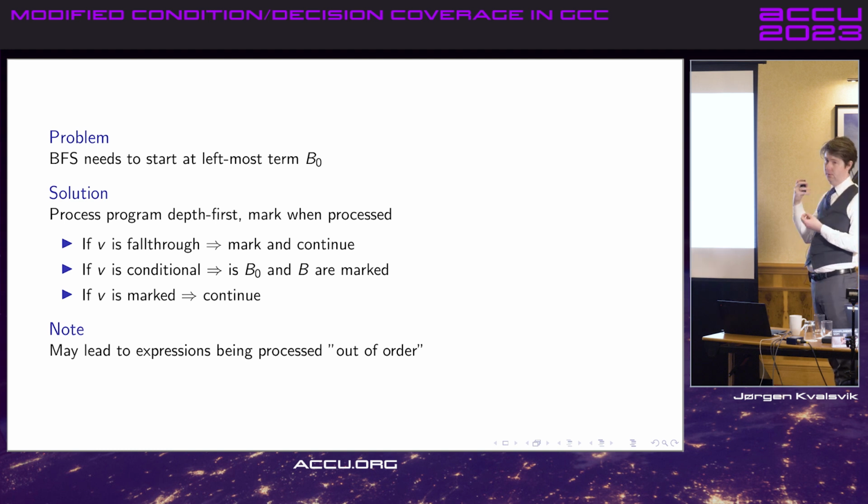If the node is fall through, it doesn't matter. If it's a conditional, you do the breadth first search with ancestor filtering that we just saw, and you mark the expression. And if you find a node that has already been marked, then you can just continue, because that's just another path into an expression.